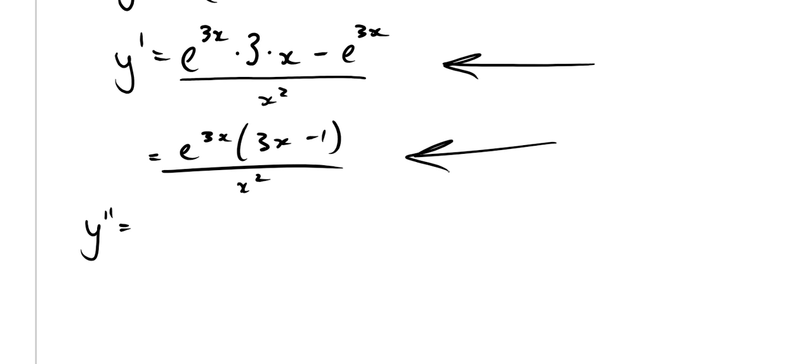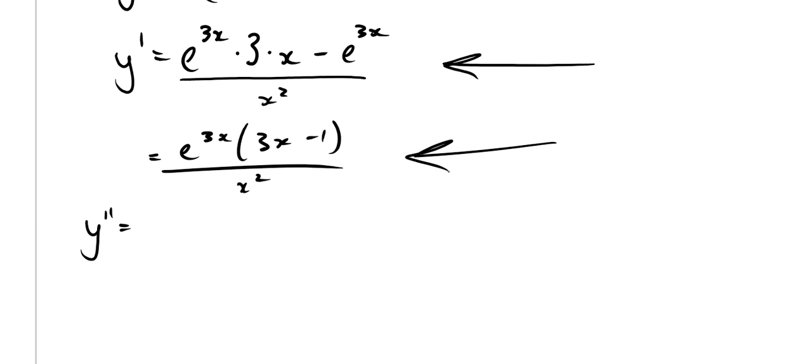It's quotient rule because I've got a quotient, and when I take the derivative of the top, I've got a product. Here's the product here, e to the 3x times 3x. So that part's going to be easy, but this part's going to be product rule. I think it's going to work out almost identically no matter which way you do it.